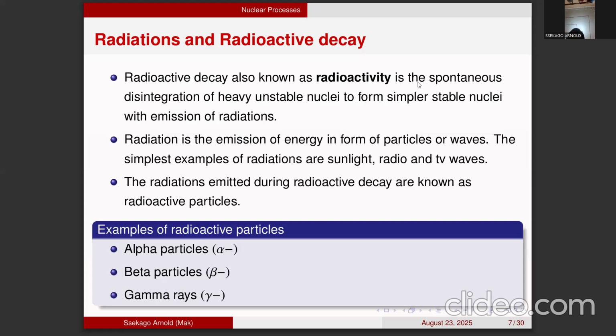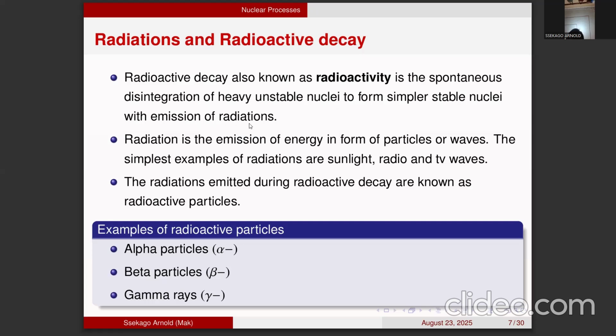Spontaneous means something that is uncontrolled, something that occurs on its own. Radioactivity is the spontaneous disintegration of heavy unstable nuclei to form simpler stable nuclei with emission of radiations.